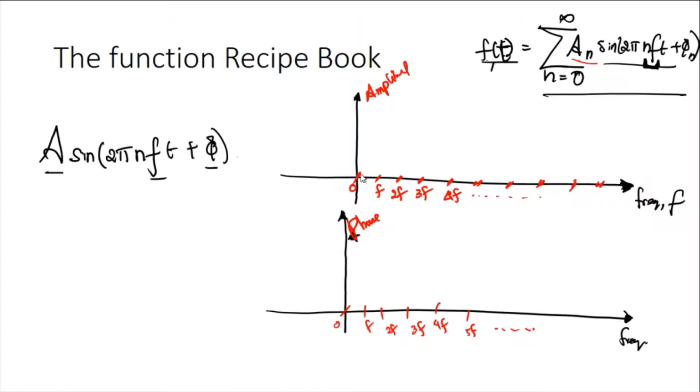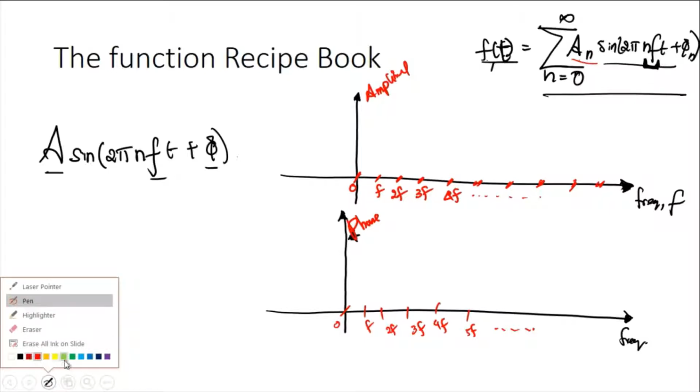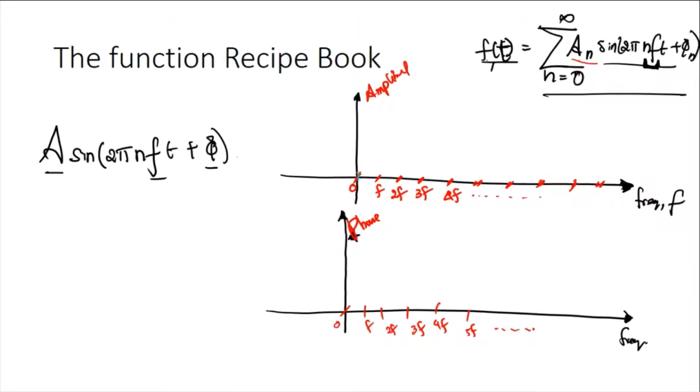So these are all the frequencies that are present, and I'm just going to call it amplitude and phase. So 0, f, 2f, 3f, 4f, 5f, so on and so forth. And what is the amplitude? So this is going to have the amplitude of A0, A1, maybe 2f is not there, maybe A2, A3, A4, A5, so on and so forth.